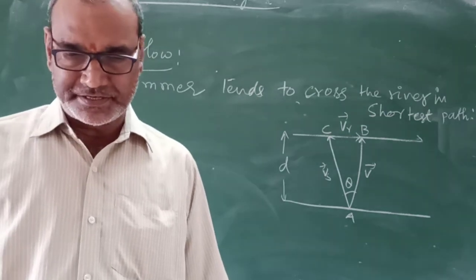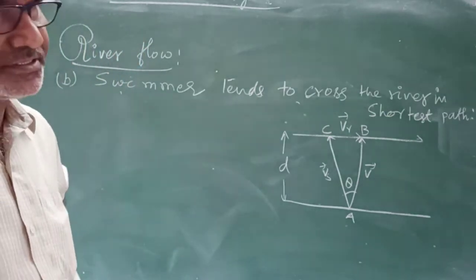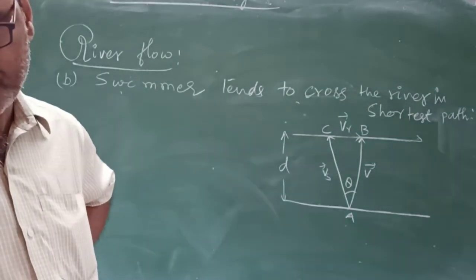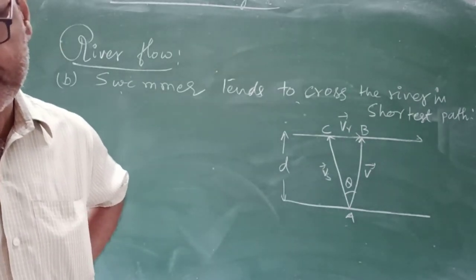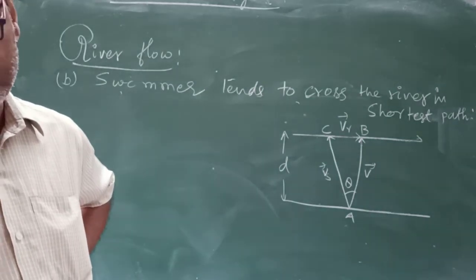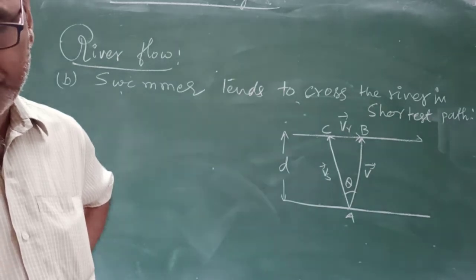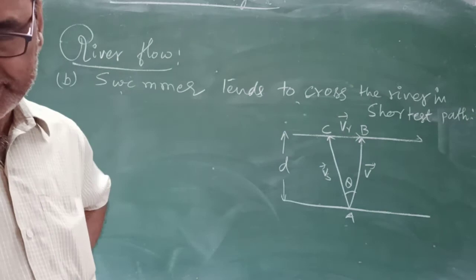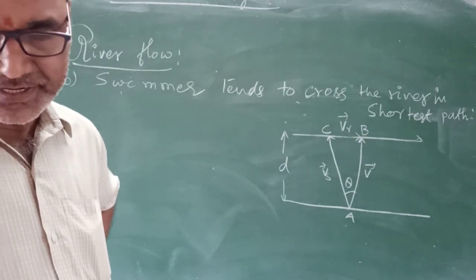When the swimmer tends to cross the river in the shortest path, then the swimmer should make an angle theta with the perpendicular direction to the flow of river.